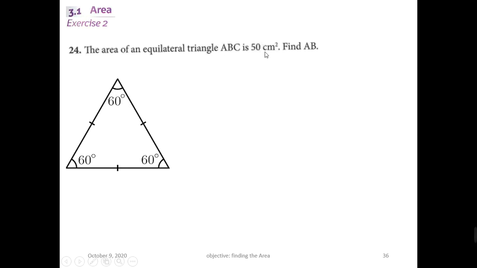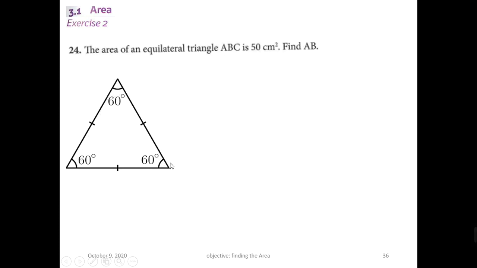Now, the area is given. How about you try to use the general formula of finding the area of a triangle: area equals half times side 1 times side 2 times sine of the angle between the two sides.